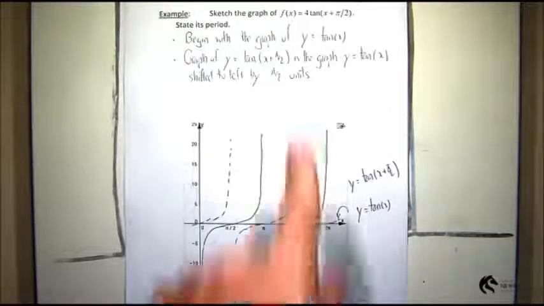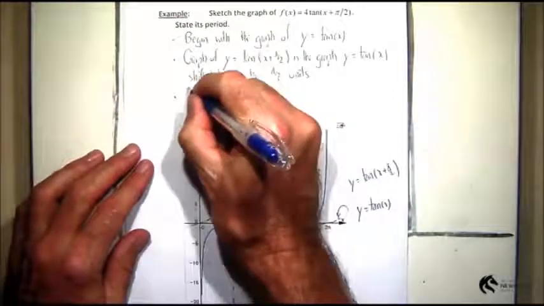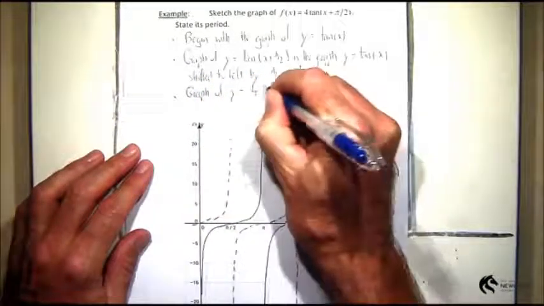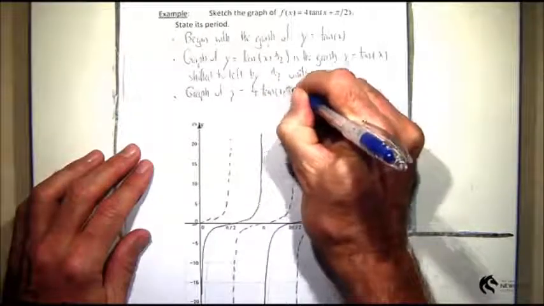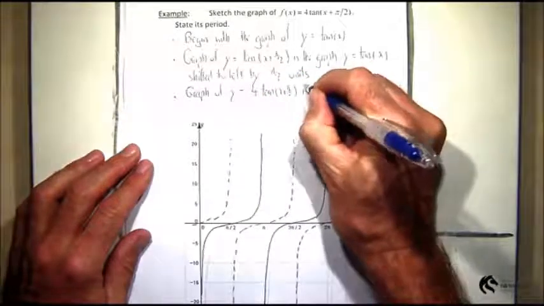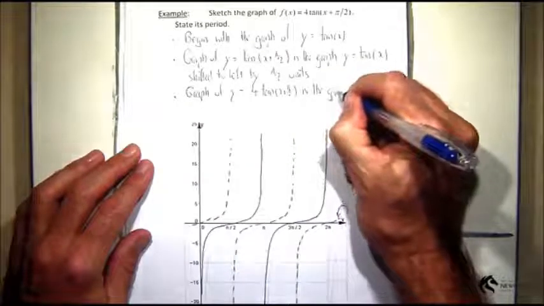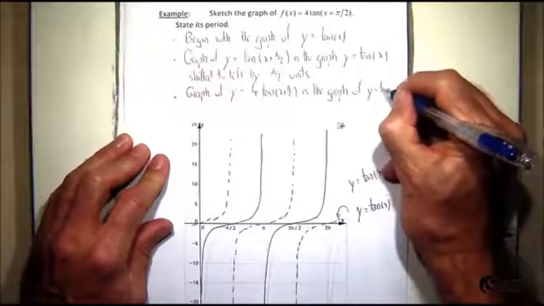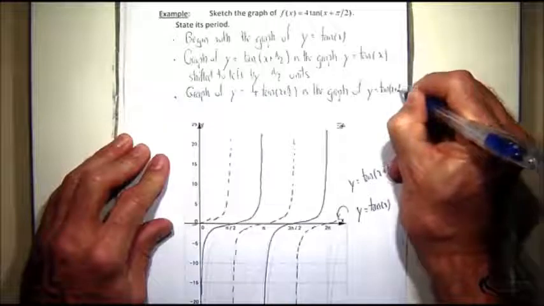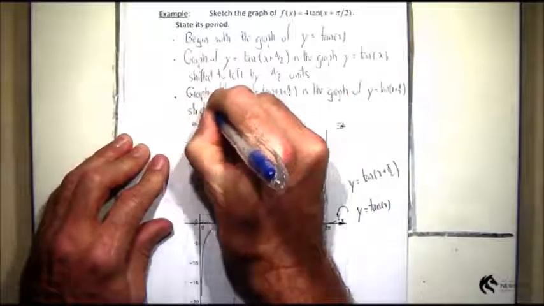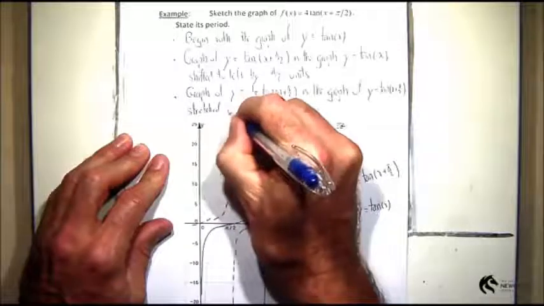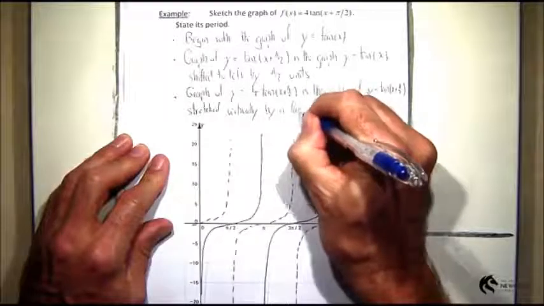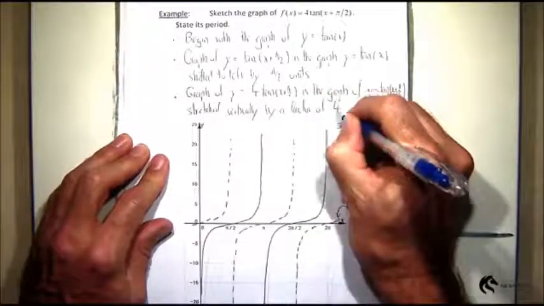And now I can deal with the 4. So I can say the graph of y is equal to 4 tan x plus pi on 2. That's the graph of y is equal to tan x plus pi on 2 stretched vertically by a factor of 4.